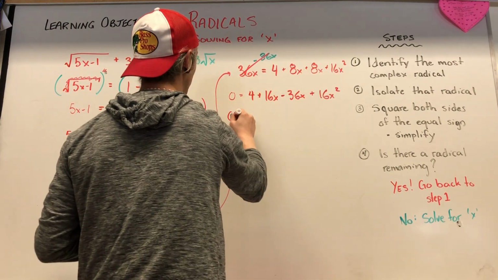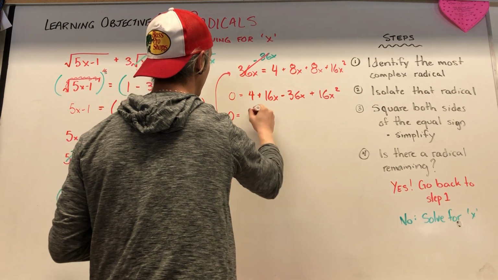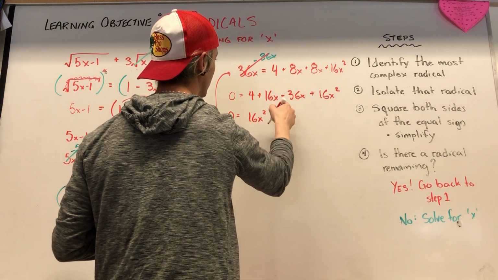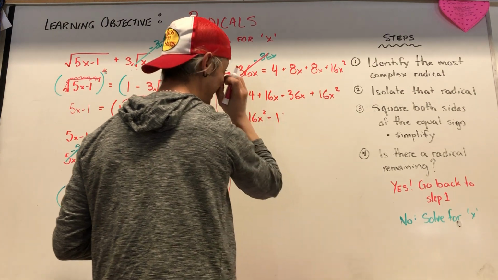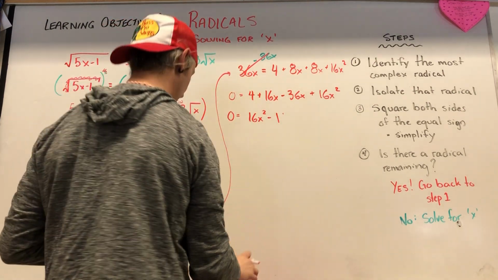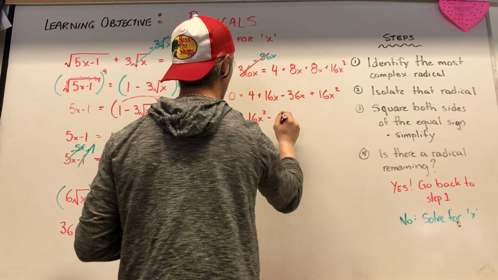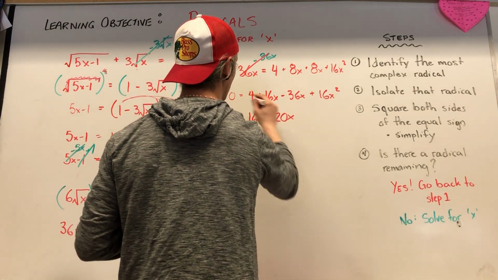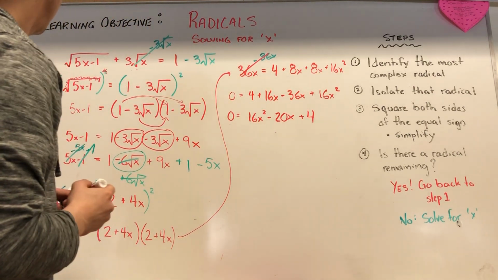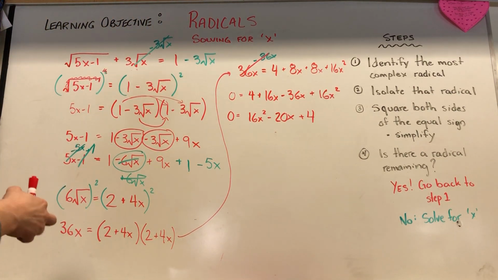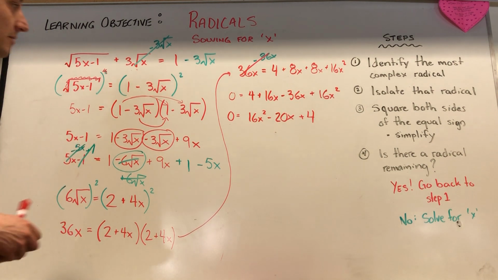And then if I rearrange and simplify that part, I'm going to get 16x squared, 16 minus 36 is minus 20, plus 4. I'm worried I've made a mistake here, but I'm just going to trust the math.